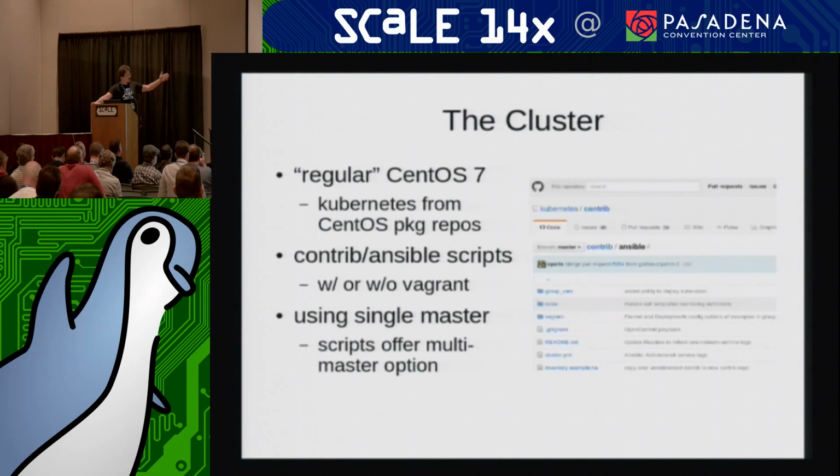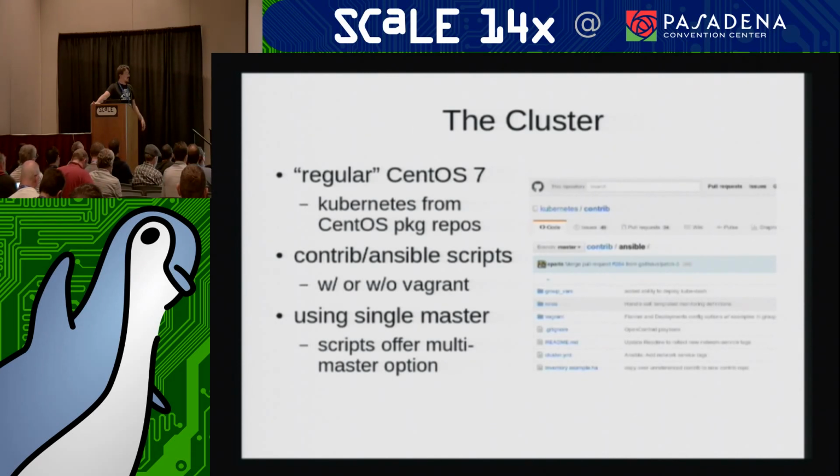In these scripts you can use Fedora, CentOS, RHEL, Debian or Ubuntu. I think you might be able to use other Linux OSs as well. And you can either use packages from the distro that you've chosen, or you can use source, and that's all rolled into the scripts.